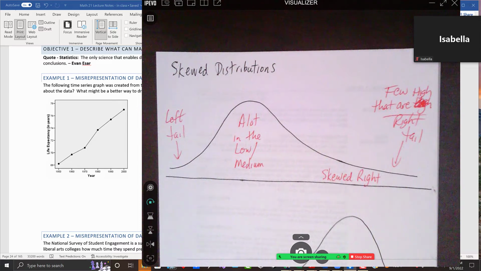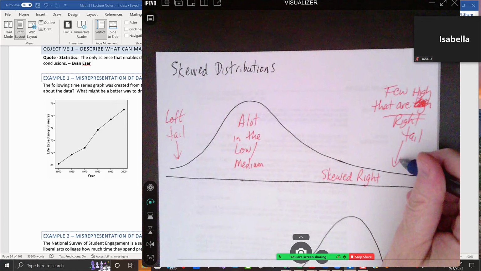And I might throw off the distribution as well, being a professor. But if Elon Musk was one of my students and we were doing the average income for students, we would see a distribution without Elon Musk that looks bell-shaped. With Elon Musk in there, he throws it way off.